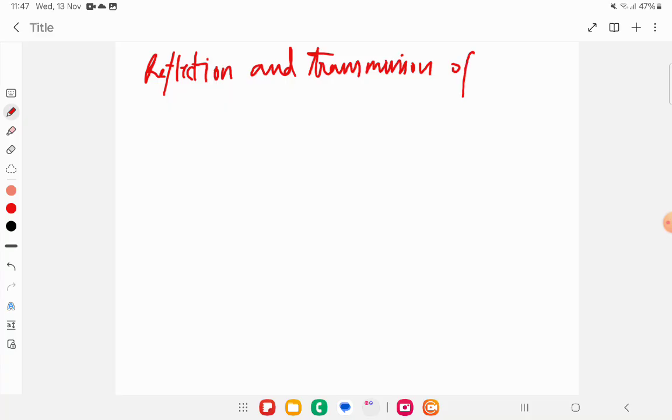Now we will discuss reflection and transmission of waves at a boundary.